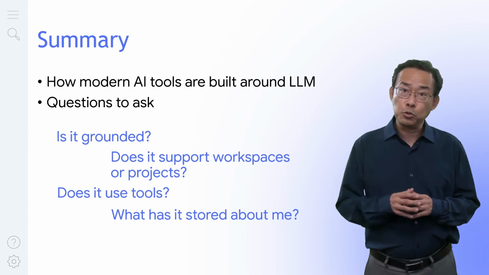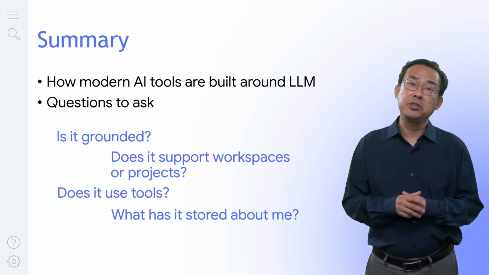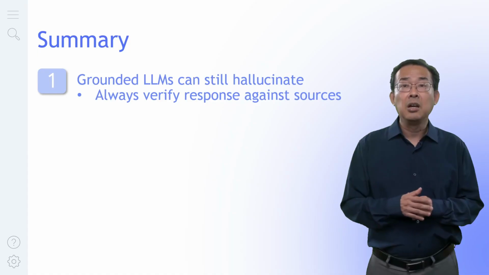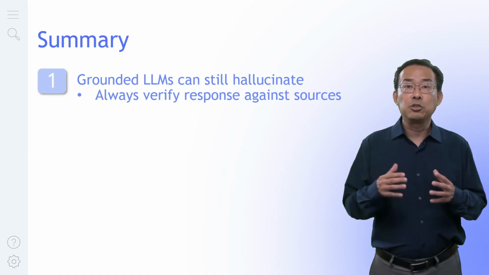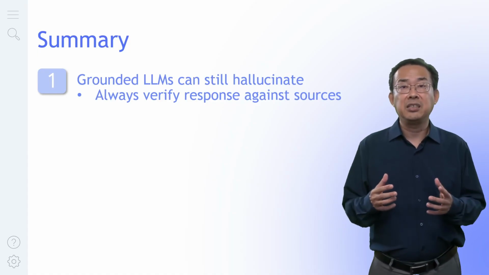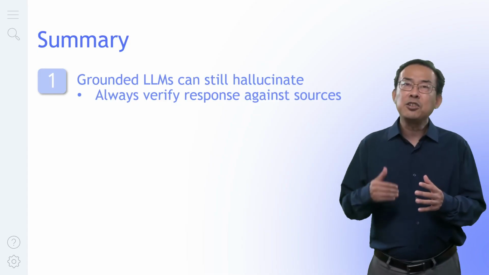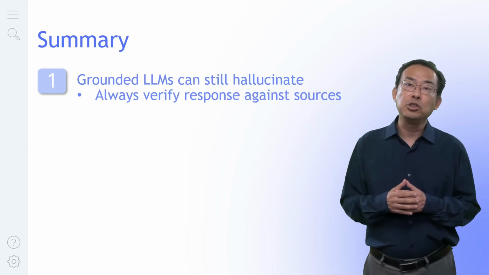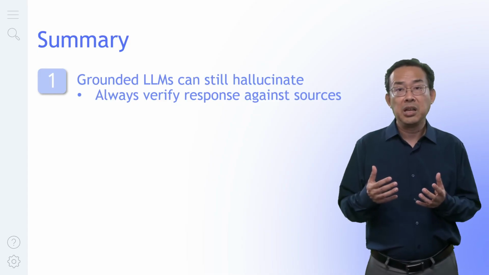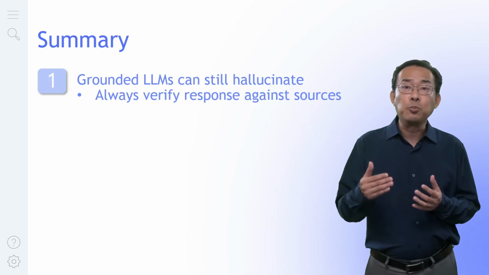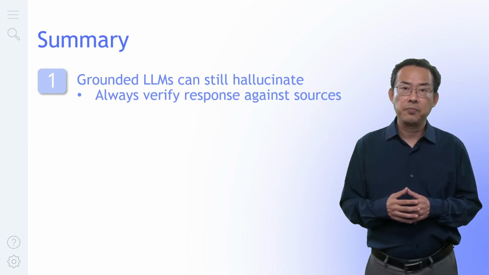We will now close with 2 points worth repeating. First, grounding an LLM does not change how it works at its core. It is still producing the most plausible continuation of its input, and therefore the output may still be wrong.